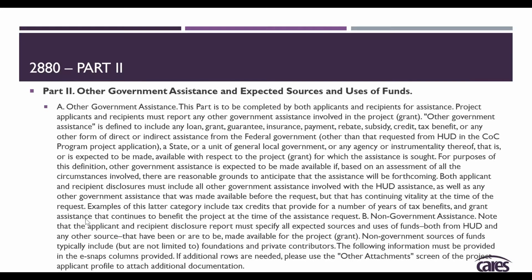So in part 2, because it's an electronic system now, you have to write NA. You have to populate something within those fields. And it will yell at you and tell you if you try to skip it. So if you say, yes, I have more than $200,000 in HUD funding, it's requiring you to put something into part 2 and 3.